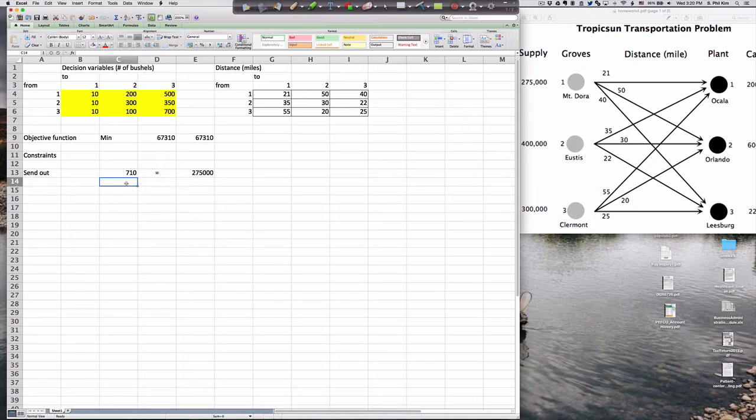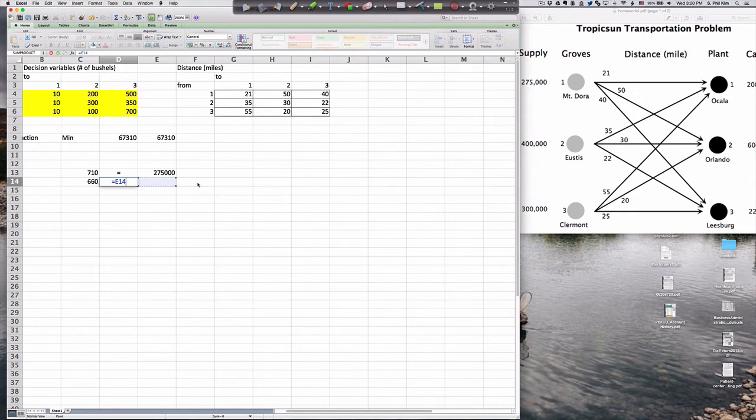From 2, this much plus this much plus this much will be the total number of bushels sent from group 2, which should also be equal to 400,000.